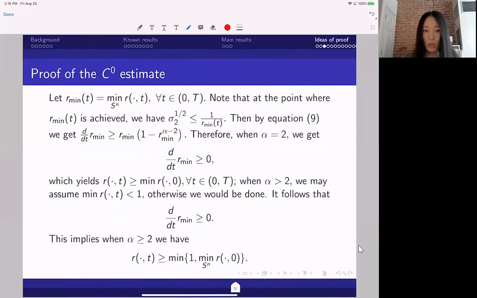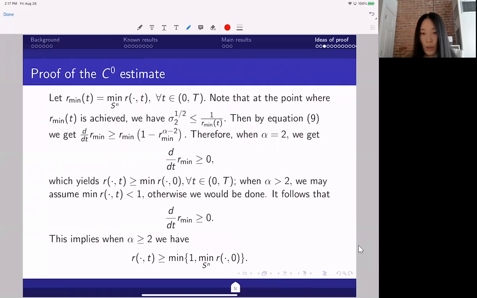We just consider the function r minimum of t, the smallest radius of M_t, and then we can derive an ODE, and this ODE tells us that the minimum radius is actually increasing along the flow.